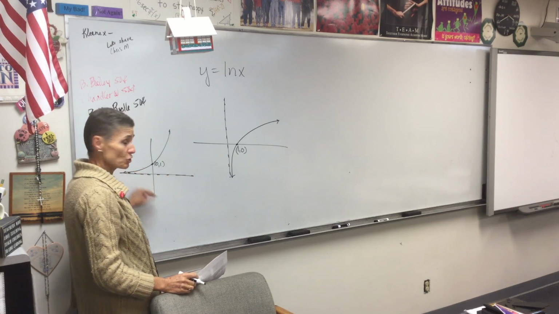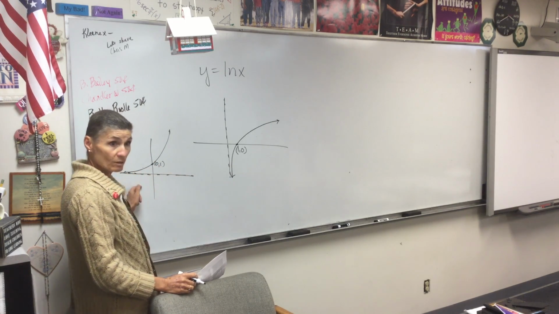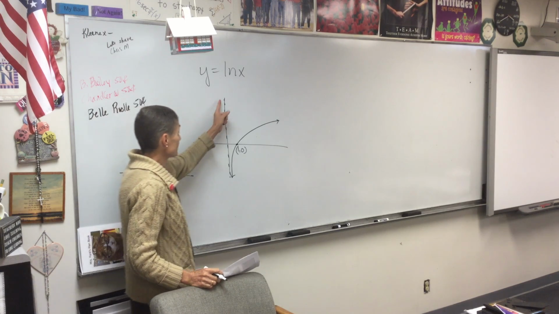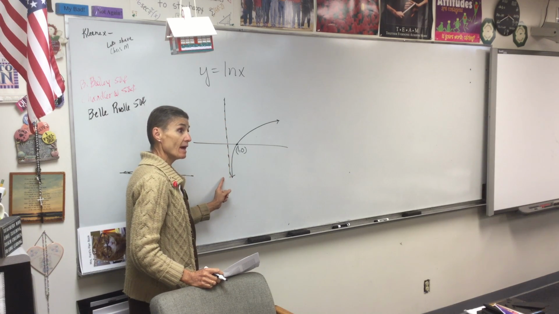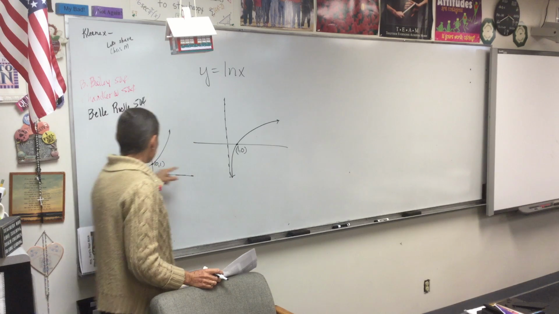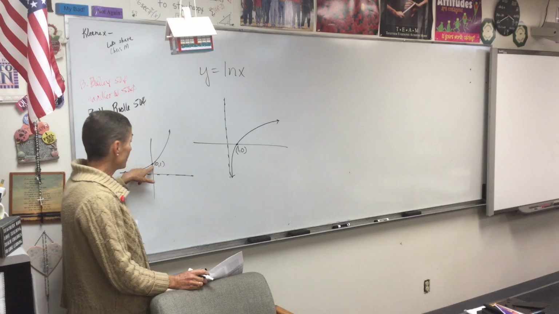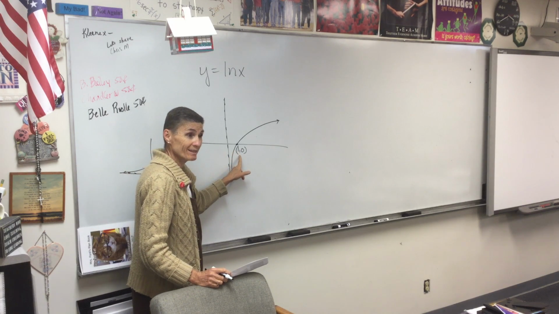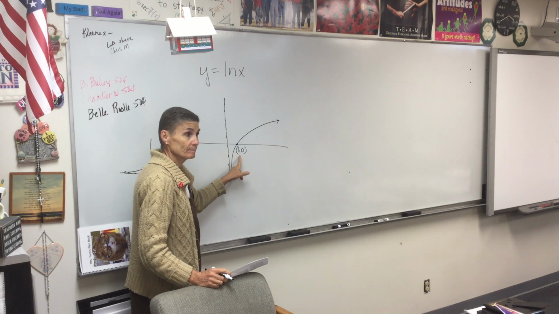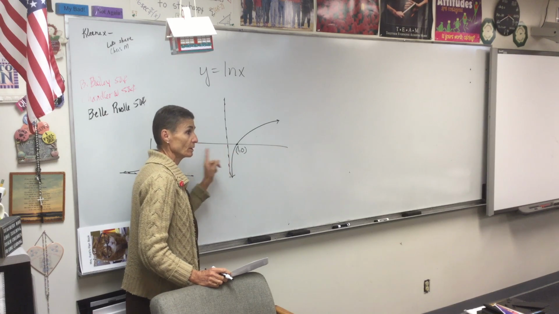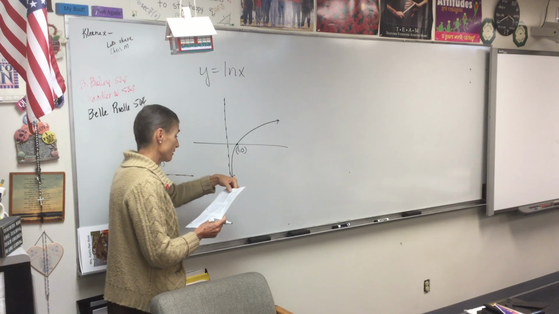The exponential has an asymptote at y equals 0. The logarithm has an asymptote at x equals 0. The exponential contains the point 0, 1. The logarithm contains the point 1, 0. They're very closely related.